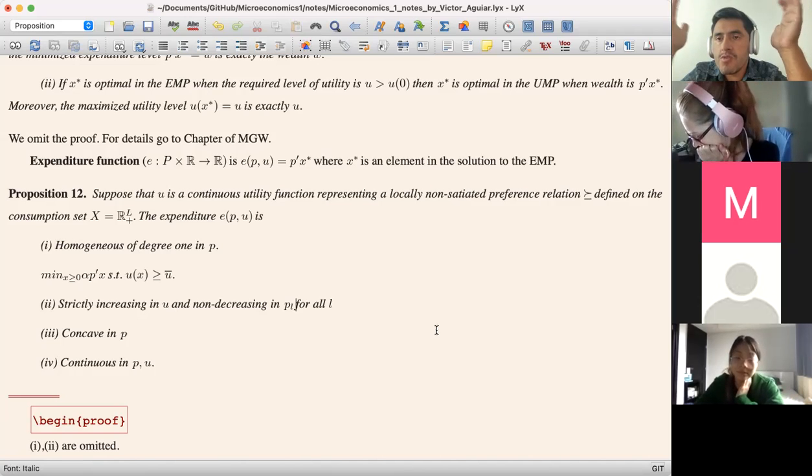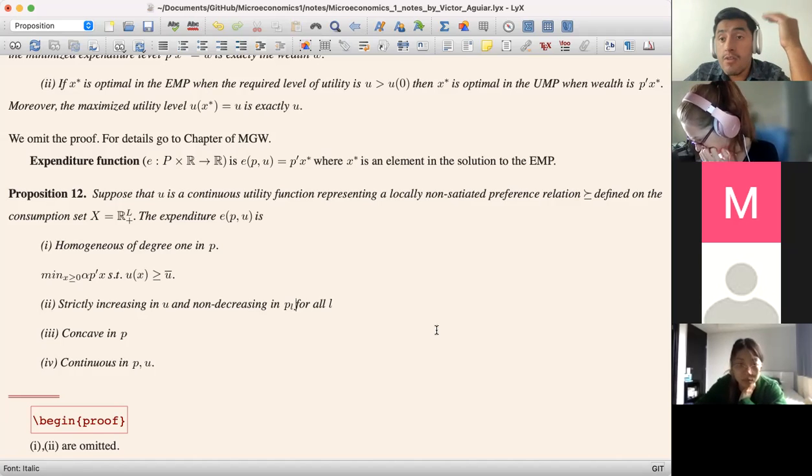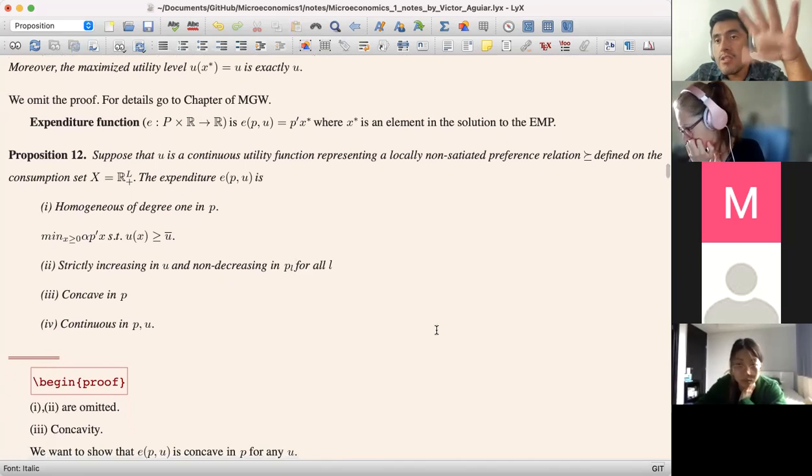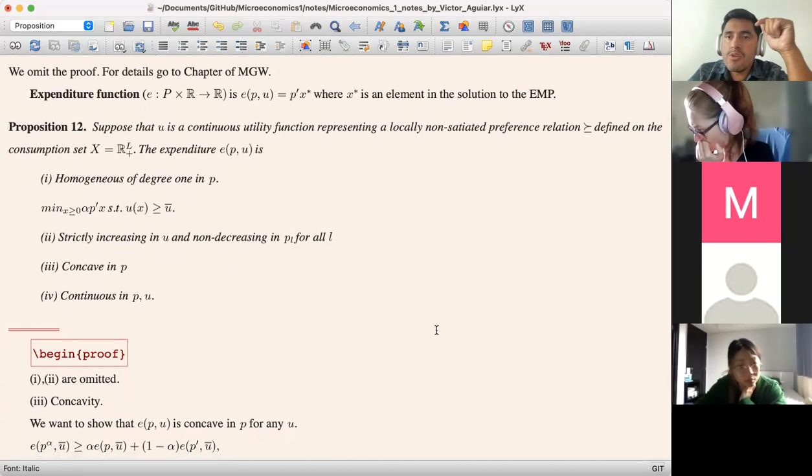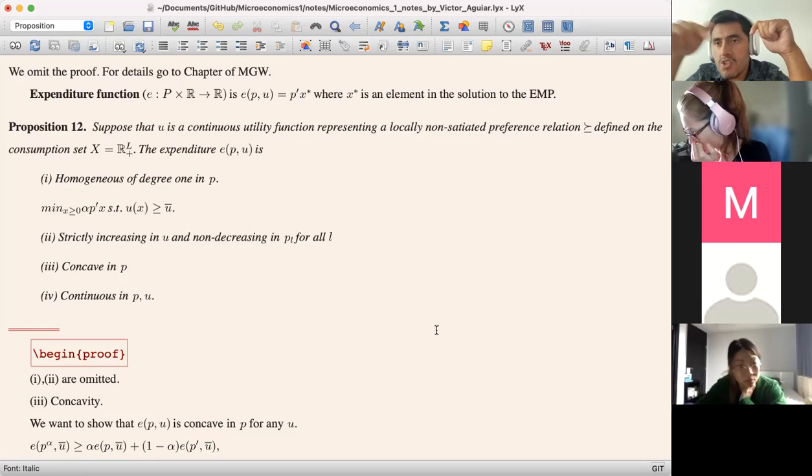And turns out that the expenditure is concave, and this is going to be important for properties of the demand function. And finally, it's continuous in P and U. Continuity is not a surprise by now, so it's a nice property to have. And it means no discrete jumps of expenditure if I change my price or my U target by a bit.